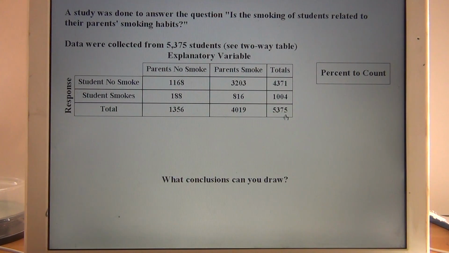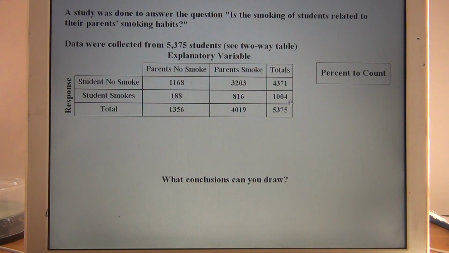So the total of everyone in the study is 5,375. Parents who did not smoke, the total was 1,356. Parents who smoked, 4,019. Students who didn't smoke, 4,371 total, and students who smoked, 1,004.